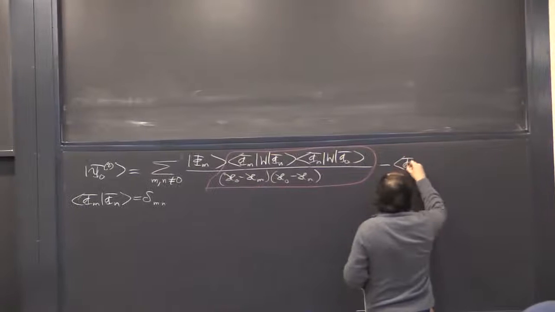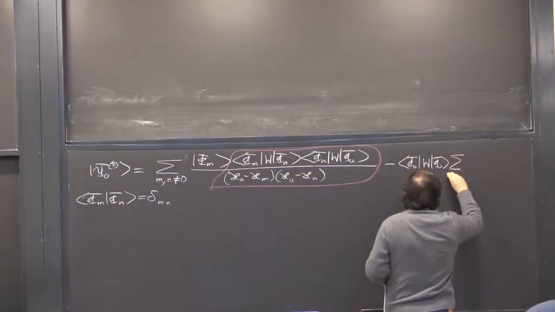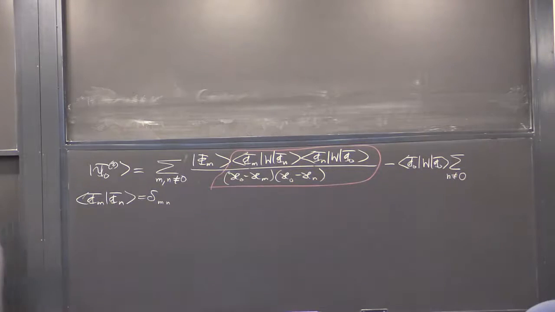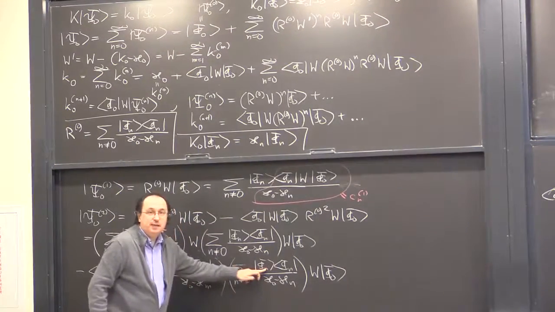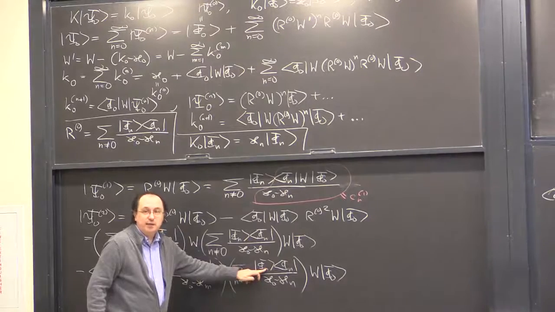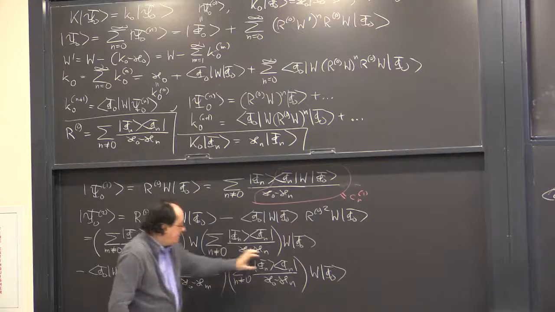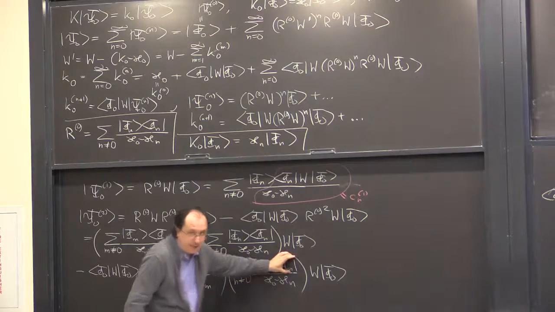It's an expectation value of phi 0 of W times a summation over n different than 0. The middle part is gone, because phi m, phi n is a canonical delta. The delta will shrink the double summation to a single one. I'm going to call it n. So it's going to be phi n and then phi n here.